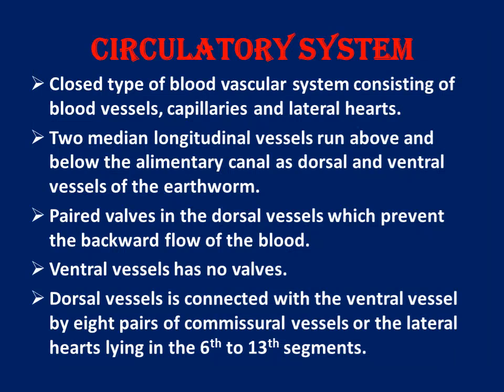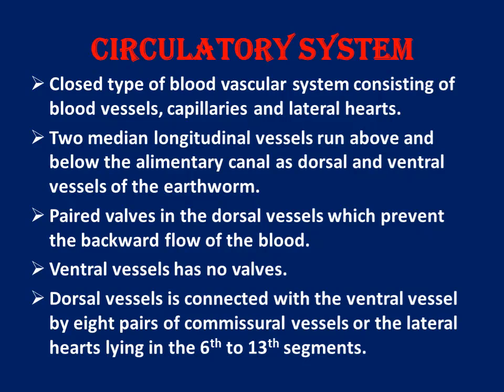Circulatory system. It has a closed type of blood vascular system formed by blood vessels, capillaries and lateral hearts. It has two median longitudinal vessels running from the first segment to the last segment. So one is above the intestine and another one is below the intestine.